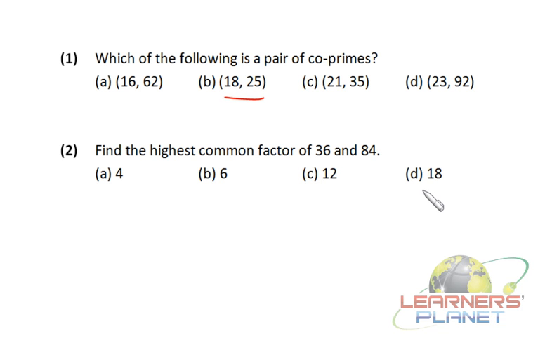Now 36 is divisible by 18, but 84 is not, so it cannot be the right choice. Now let's see, for 12, 36 is divisible by 12 and 84 is also divisible by 12. That means among the available options, 12 is the biggest and 12 is a factor of both 36 and 84. So it will be the right choice. No need to go for any sort of paperwork. Okay friends.